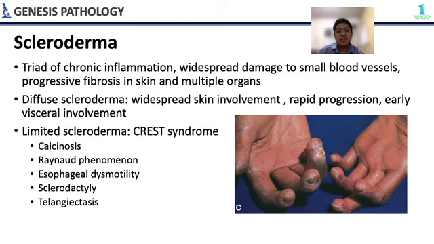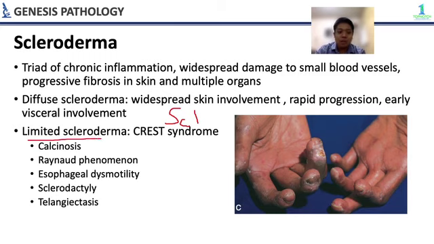No? Scleroderma naman is a disease entity wherein parang nagpa-fibrose yung entire body mo. There is a triad of chronic inflammation, widespread damage to small blood vessels, and progressive fibrosis in the skin and multiple organs. So yung diffuse scleroderma naman, which is anti-SCL, meron siyang widespread skin involvement, rapid progression, and early visceral involvement.